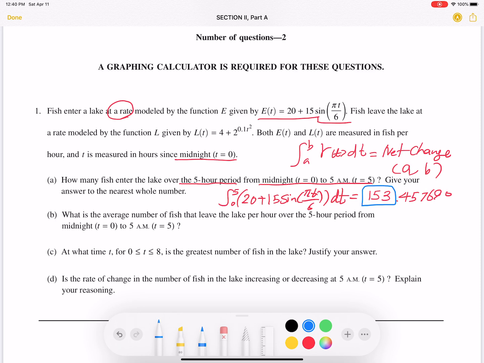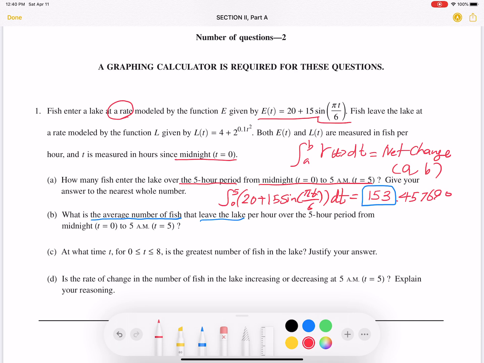B, what is the average number of fish that leave the lake? It's not entered, it's leave the lake. So what is the net change in the number of fish that leave the lake for 5 hours?